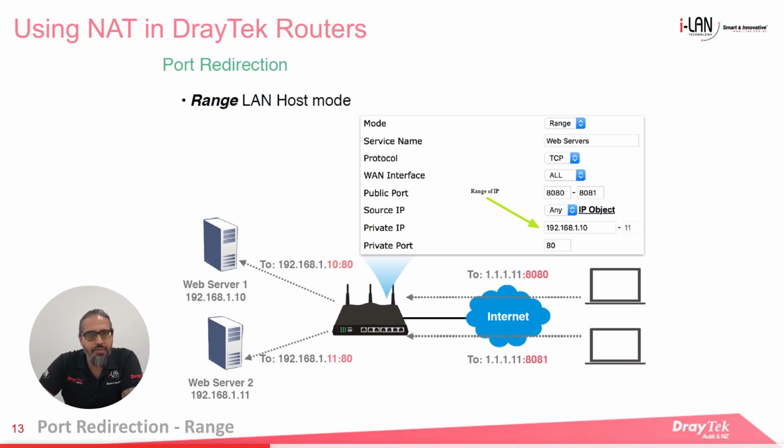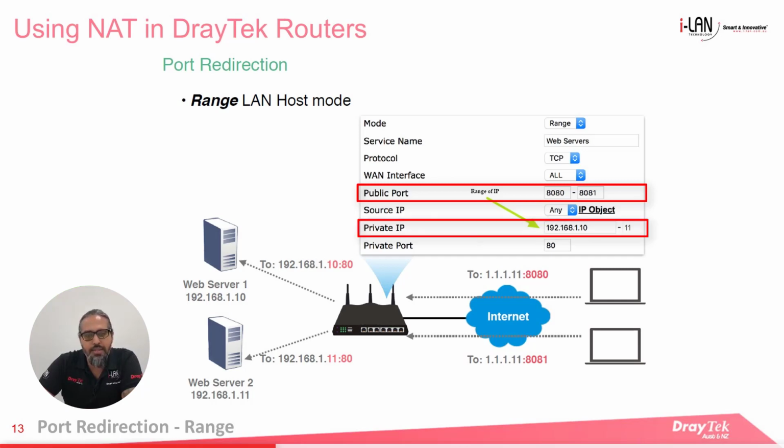Just referring back to port ranges, in a case where you need multi-host port redirection, where you have a range of IP addresses with a range of port numbers. In this example, we want ports 8080 to 8081 to be directed to consecutive LAN IPs 192.168.1.10 and 11 on port 80.